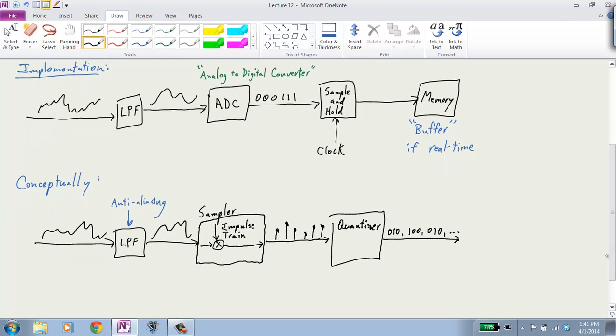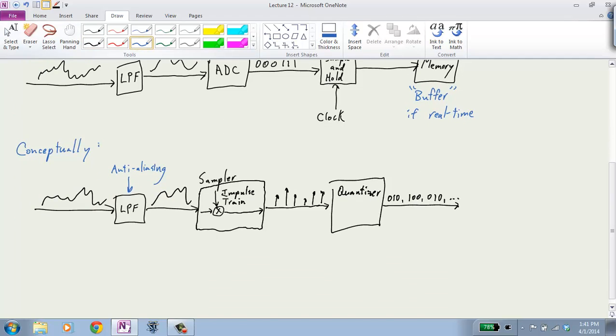Now, the reason this is a nice way to view what's going on is that to this point, no information is lost. Well, if the signal is band limited.